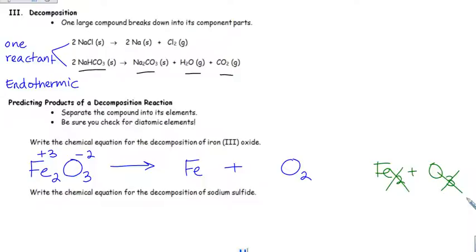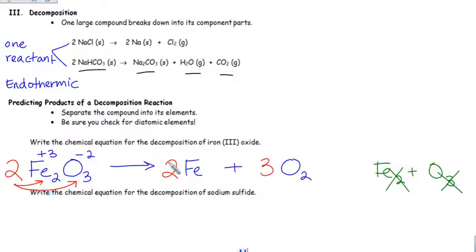And now we balance. So my first thought is that I'm going to need 2 iron, right? But then I notice that there's 3 oxygen on the reactant side and only 2 on the product side. And to get that to balance, I'm probably going to need to double the oxygen, because then I'm working with even numbers. So I can get 6 oxygen, but then I'm going to need to change that coefficient of the iron.